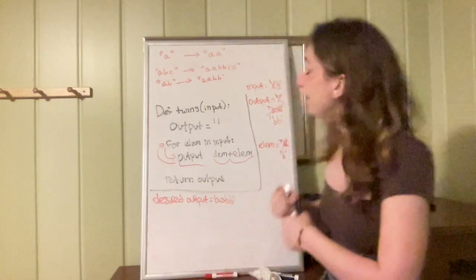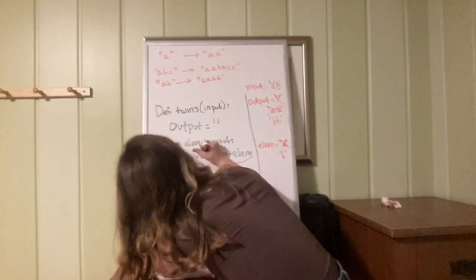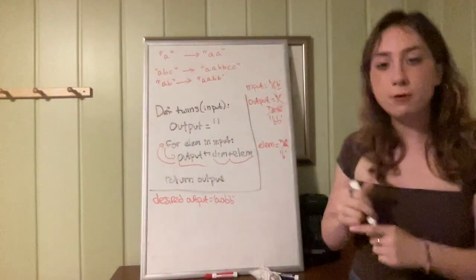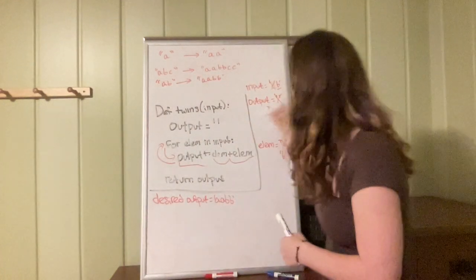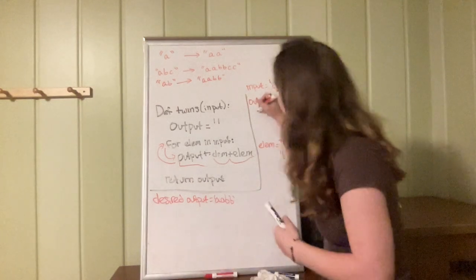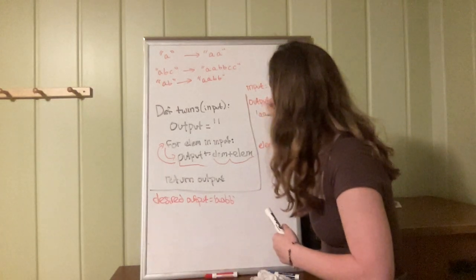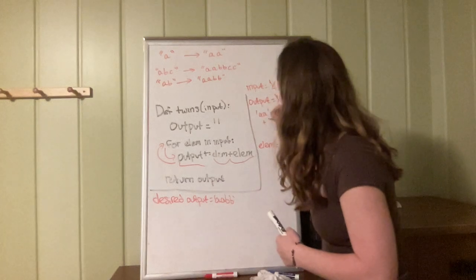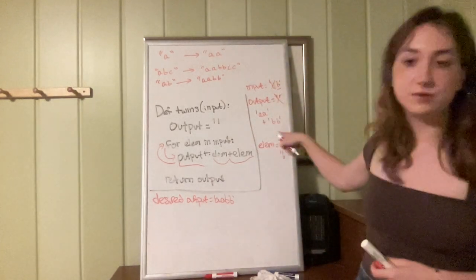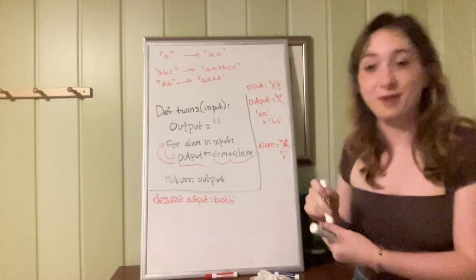Well, hopefully right now you're thinking that we could do output plus equals. Because with output plus equals, instead of totally Xing out the AA we have, now we have output equals AA plus BB. So output equals AABB. Great.